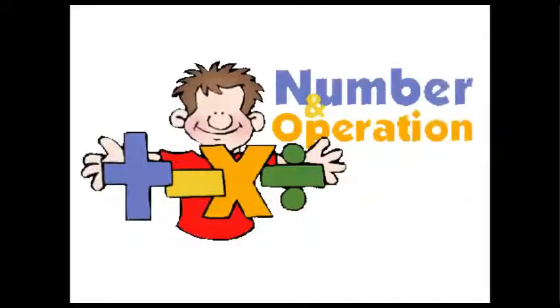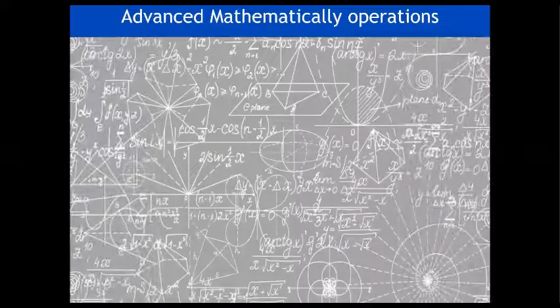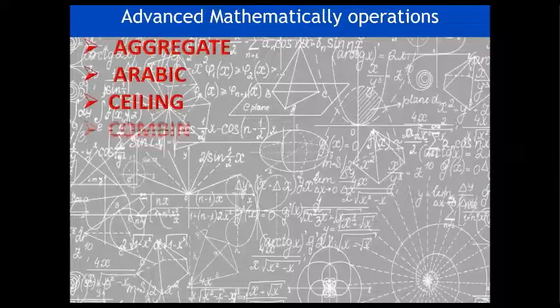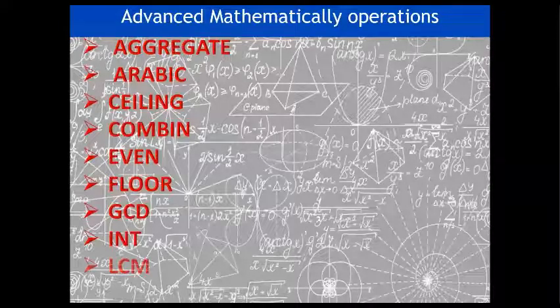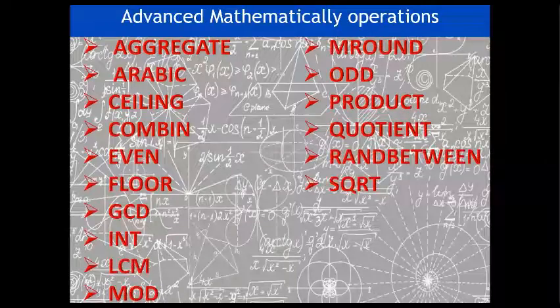Once we have the required data available, we will learn about performing some advanced and complex operations on numbers. In this series, we will talk about 20 odd advanced mathematical operations.